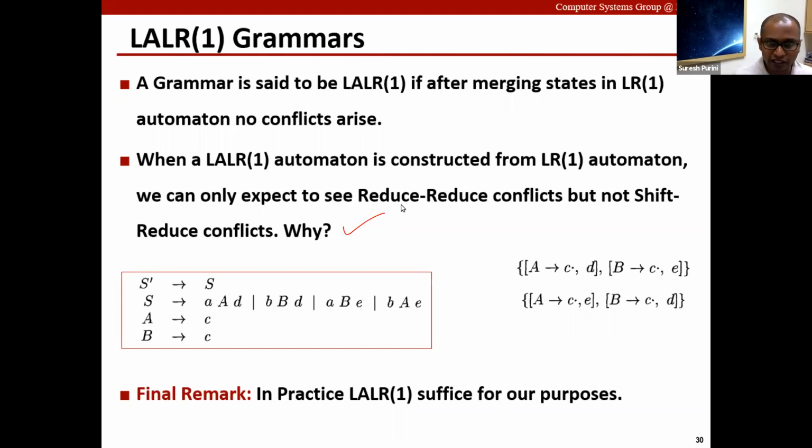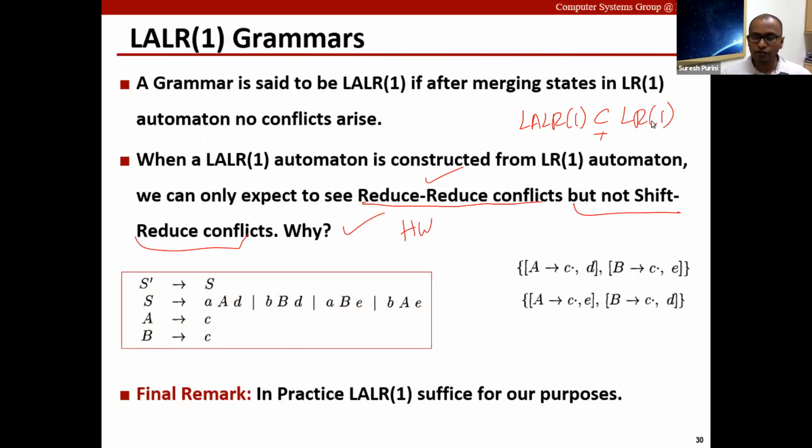And the claim here is that it is possible to have reduce conflicts, but not shift-reduce conflicts. Why is it the case? This is another homework problem. Because of this, LALR1 is a strict subset of LR1, because there are grammars which are LR1 parsable but not LALR1 parsable, since after the compaction process, new conflicts can arise.